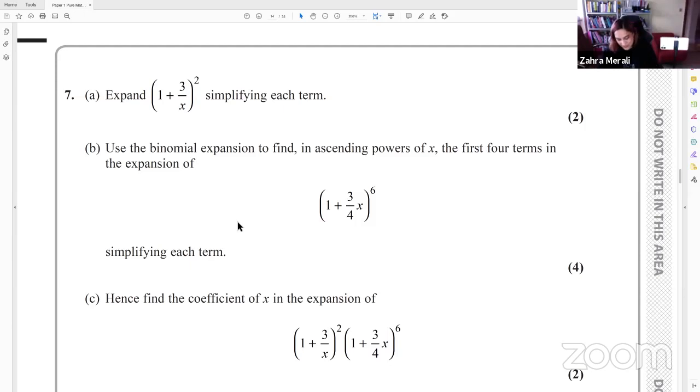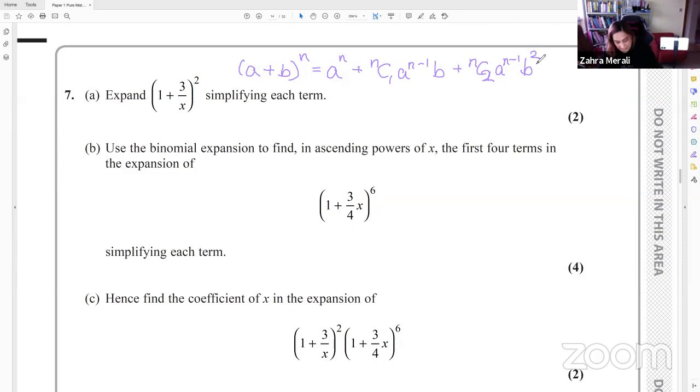So in your formula sheet, you were given (a plus b) to the power of n equals a to the n, plus nC1 a to the n minus 1 b, which looks really confusing, but is actually really straightforward, plus nC2 a to the n minus 2 b squared. So we're just going up to the squared. And we could go further. Now that's going to be useful for part B.